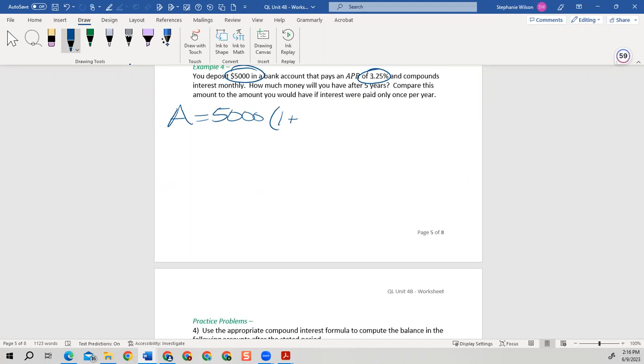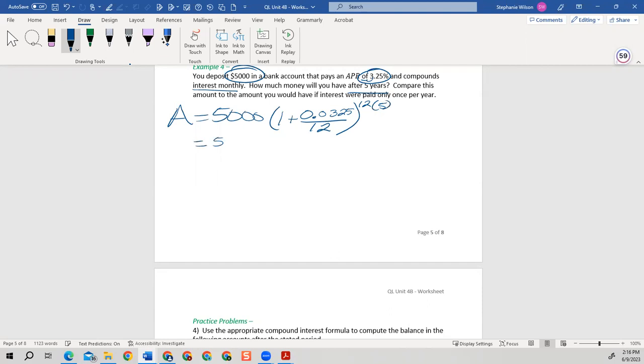So let's move the decimal 1, 2 to the left. And then my N, it said it's going to be compounded monthly, so it's going to be 12 because there's 12 months in a year. I'm going to raise it to N times Y. N is 12 months, and it says over 5 years because Y is years.